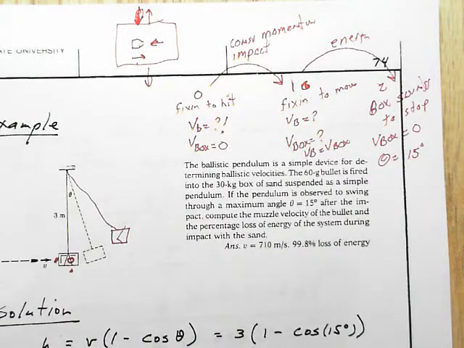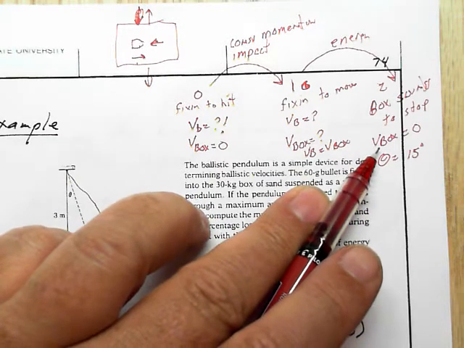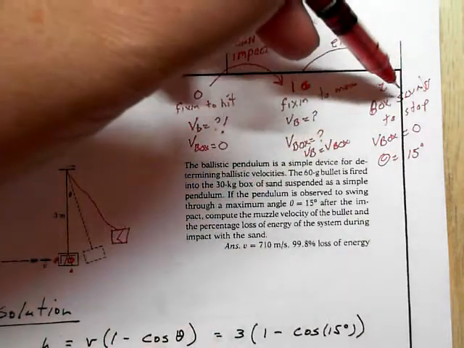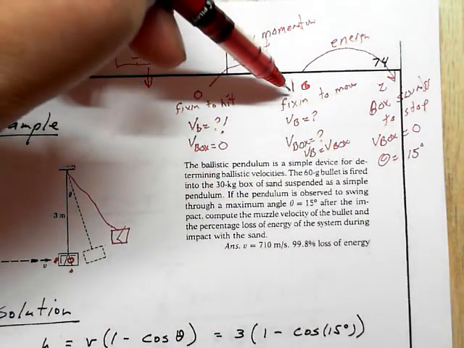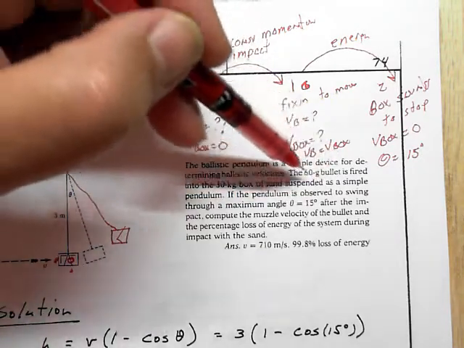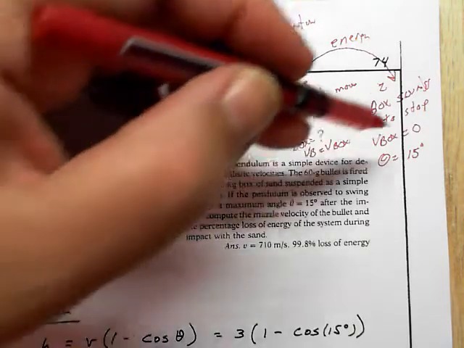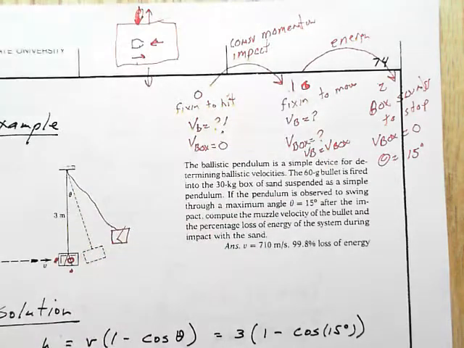We know the most stuff here because we know the velocity of the bullet and the box together is 0, and we know how high it went. We can use energy to work our way back to this part of the problem and learn the velocity of the bullet and the box combo here, because 0 speed but height turns into speed.